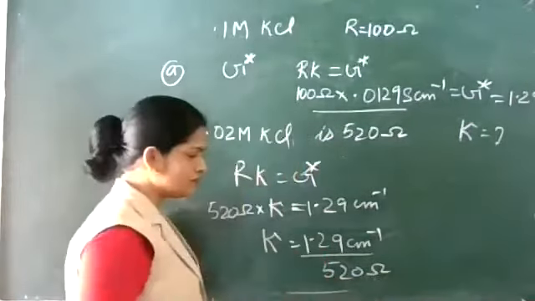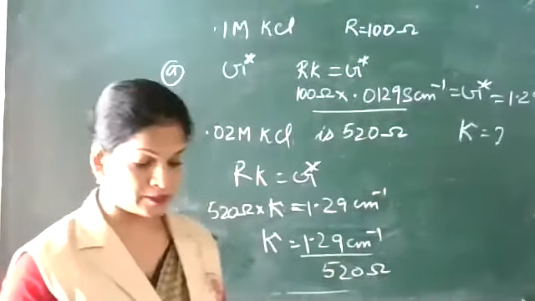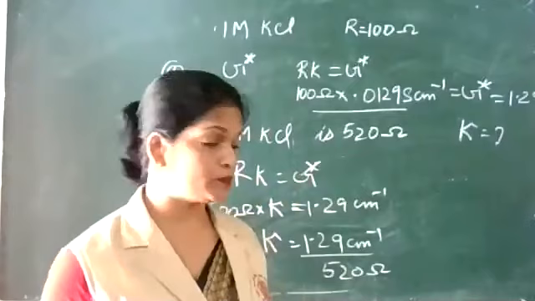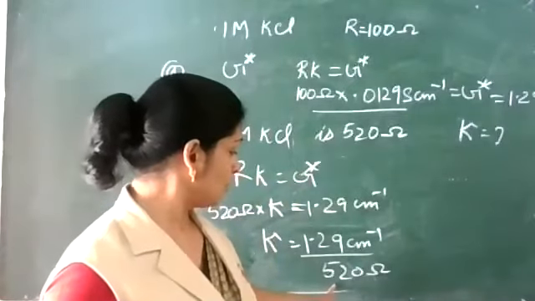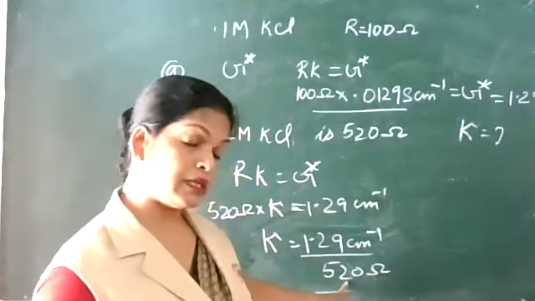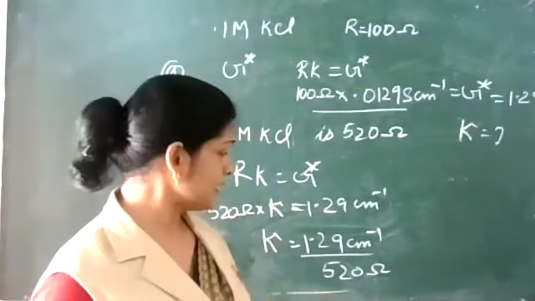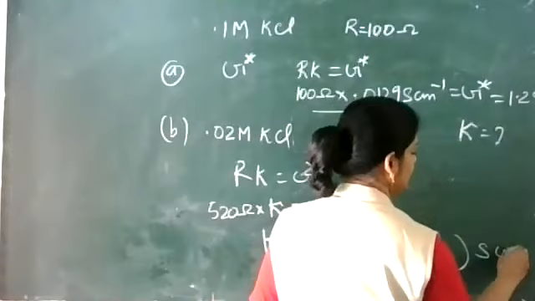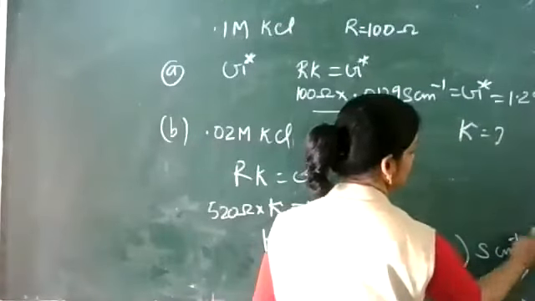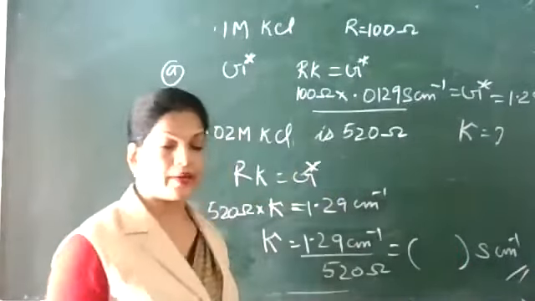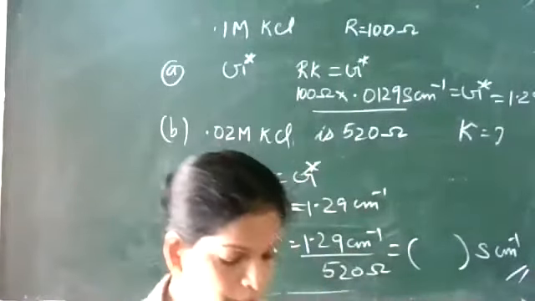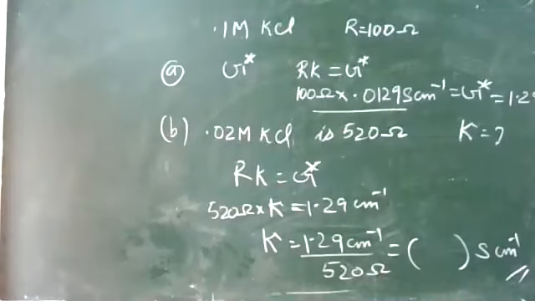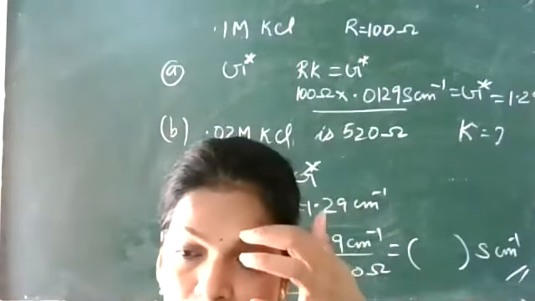The unit is ohm inverse centimeter inverse, and ohm inverse means S, so you can write S centimeter inverse. That's about conductivity. One more part is molar conductivity, which is the next topic that we will do next.